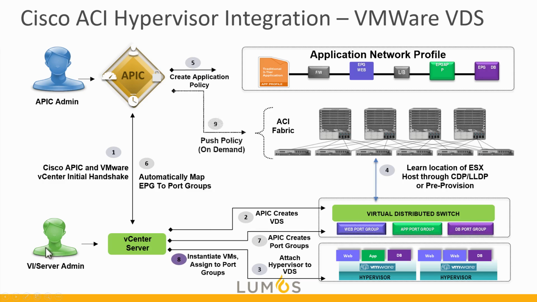Then it will be VMware's responsibility to instantiate or bring up virtual machines and to assign those to the port groups. Basically, in this scenario, and again we'll talk about a different scenario where the VM admin does everything in a moment, the VM admin is essentially going to see the new distributed virtual switch, or DVS, and attach the hypervisors to that DVS.